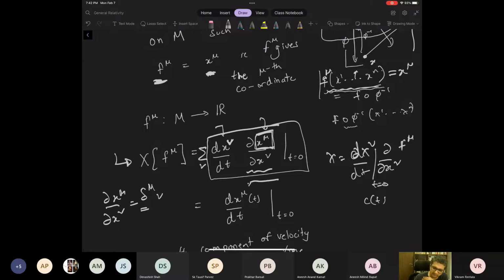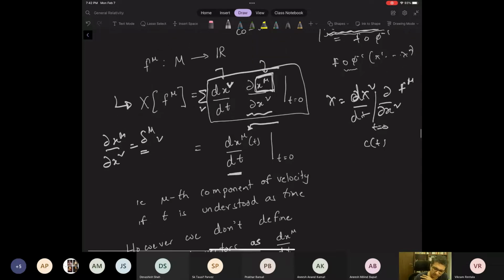So I'll only get dx mu dt, evaluated at t is equal to 0. So that is x of f mu. All it does when it acts on these particular functions is pick out the muth component of the velocity.